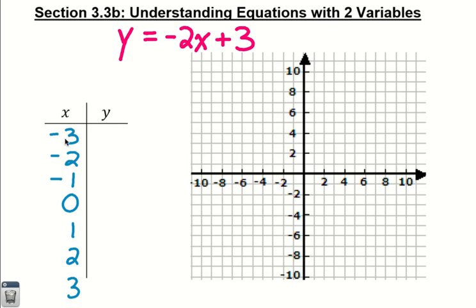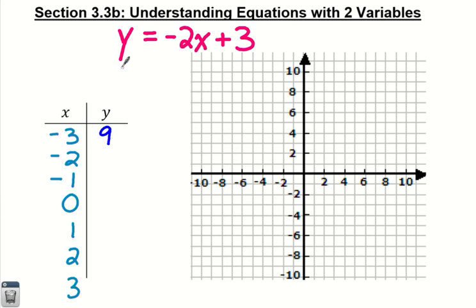If we plug in -3 for x, what would that make y? Wouldn't that be -2 times -3, which would be 6, and then you would add 3 to that to get 9, correct?